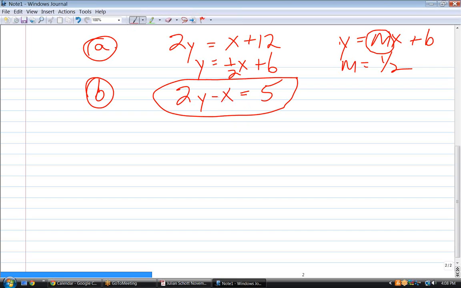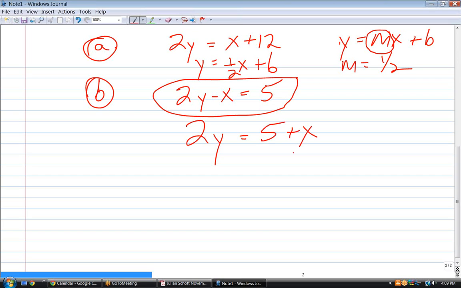I have to get rid of everything that's not y. What's the first thing that's not y on the left-hand side? x. Okay, how do I get rid of it from the left-hand side? Plus x. Okay, so now I have what? 2y equals... 5x. Not 5x, plus x.